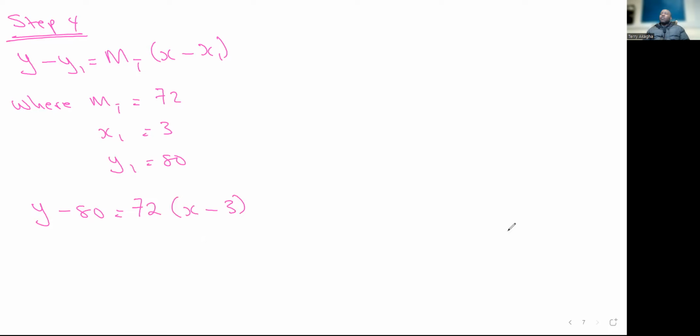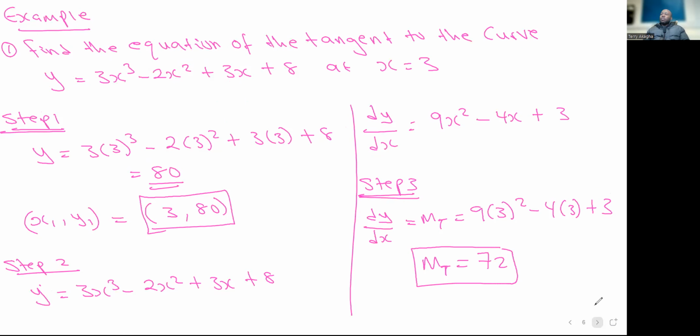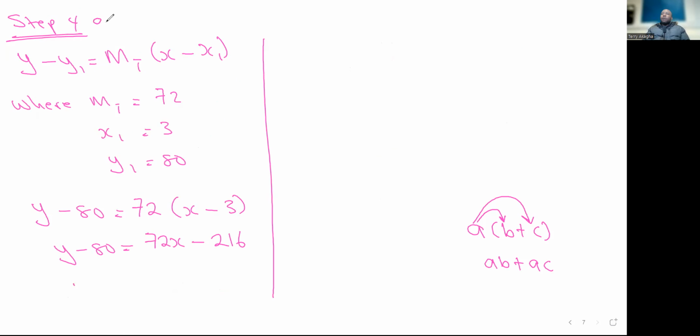Remember, when you have single brackets, a times b gives ab, a times c gives ac. So it becomes y minus 80 is equal to 72x, and 72 times 3 gives minus 216. Then we take 80 to the other side. We're going to step 5 now, which is to simplify. Technically, I'm combining steps 4 and 5.